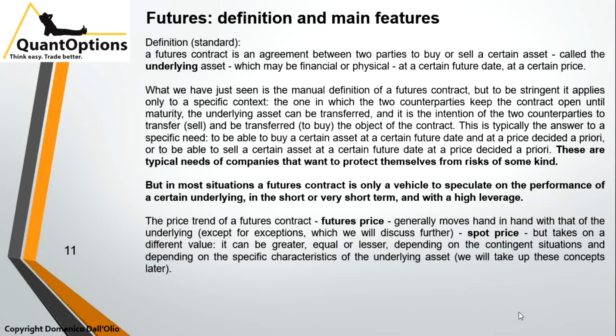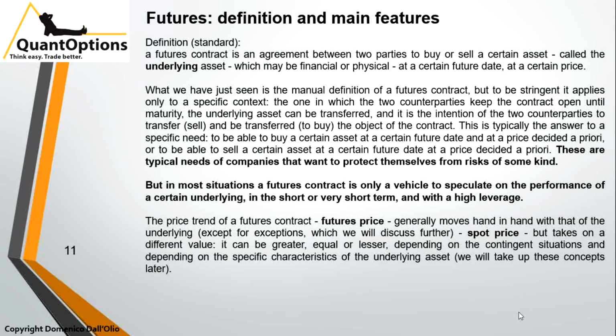This is typically the answer to a specific need to be able to buy a certain asset at a certain future date and at a price decided a priori, or to be able to sell a certain asset at a certain future date at a price decided a priori.